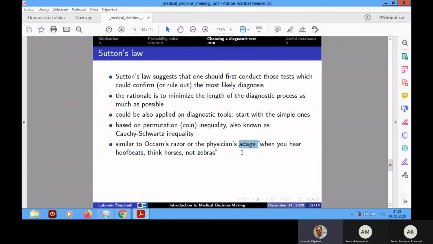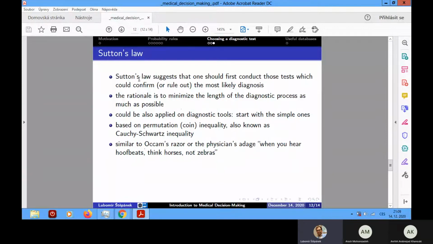Nowadays the situation is maybe more complex, because if we are a doctor in Africa, for example with Doctors Without Borders, maybe think also about zebras. But forget about this. So when you hear hoofbeats, think horses, not zebras.